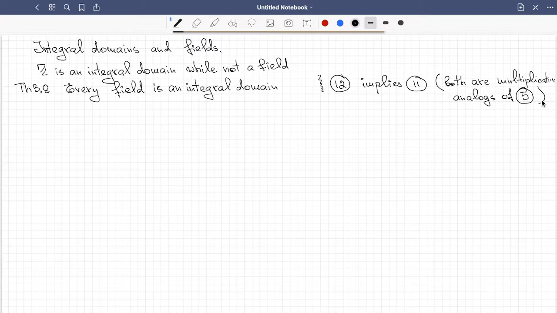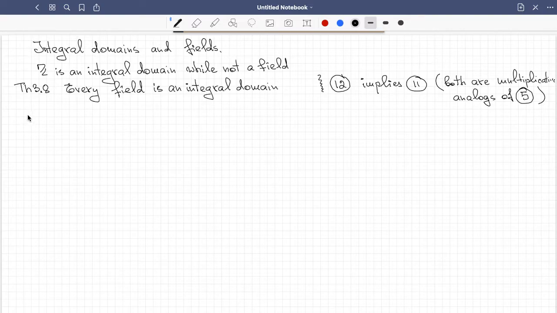So we have a requirement for the addition that certain equations always are solvable. We gave two analogs: 11, to be an integral domain, is weaker than 12, to be a field. Now I want to really prove that it is indeed weaker, meaning every field is an integral domain.